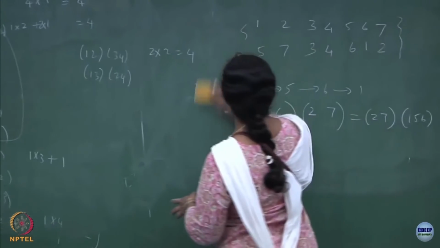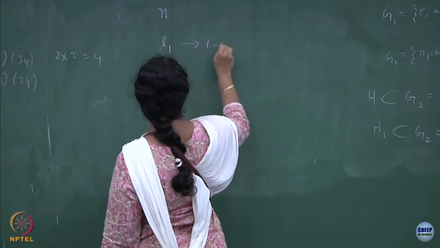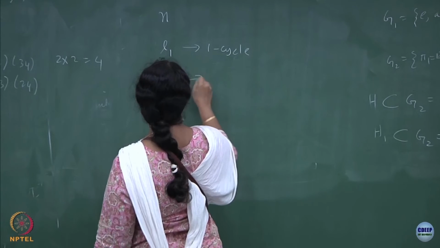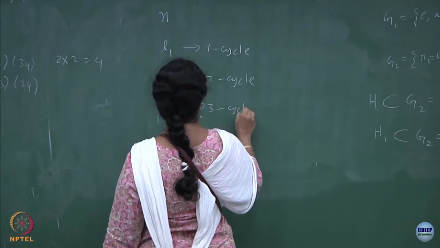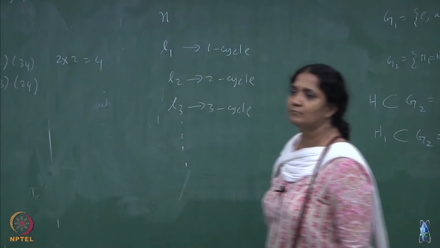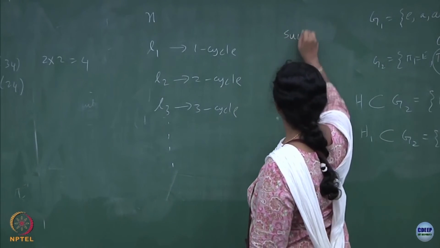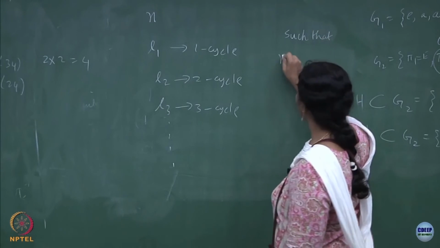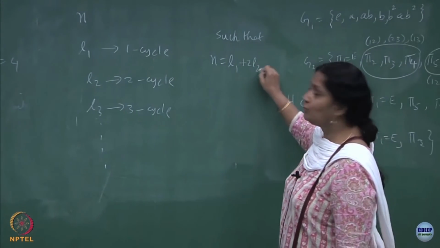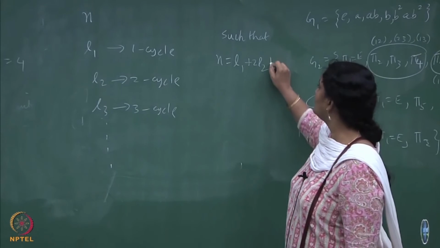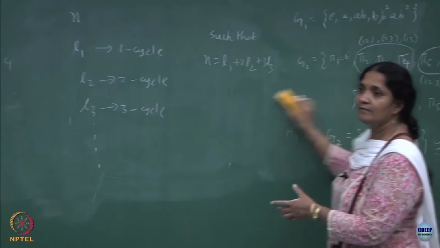So, let me write that. So, integer n into L1 1 cycle, L2 2 cycle, L3 3 cycle and so on, okay, with the restriction such that L1, 2L2, 3L3, is that right?